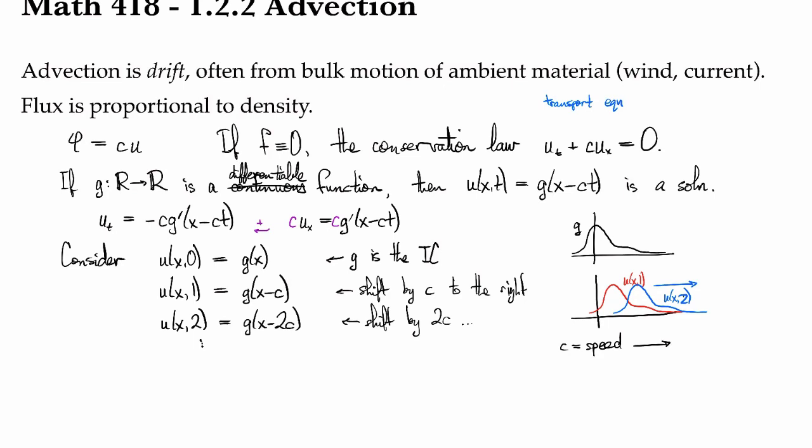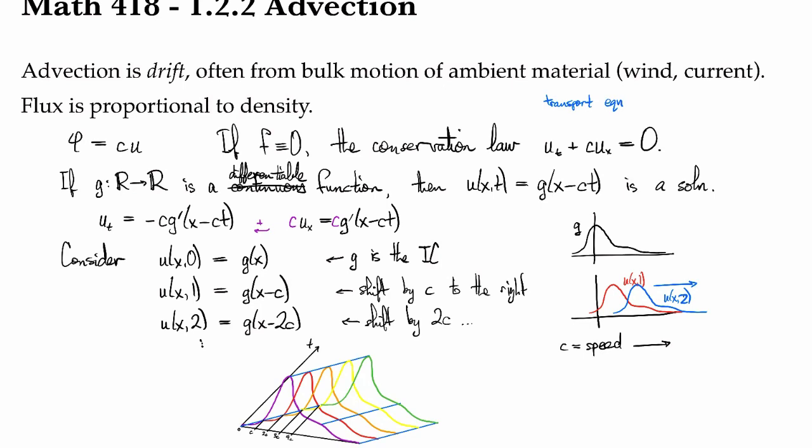Okay. And if we graph this as a 3D surface, we'll have something that looks like this. The key point to notice here is that time is moving in this direction right here, and the wave is moving that way. So it's moving at a slant, and that's given by the speed c.